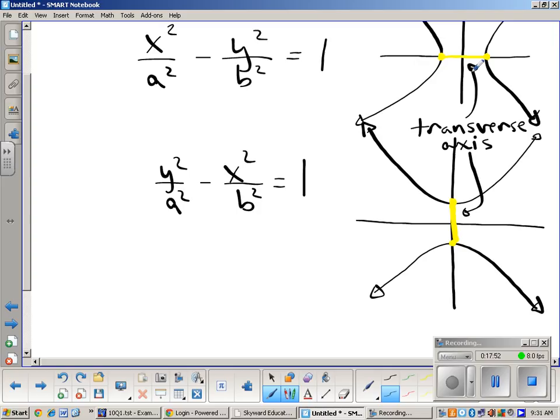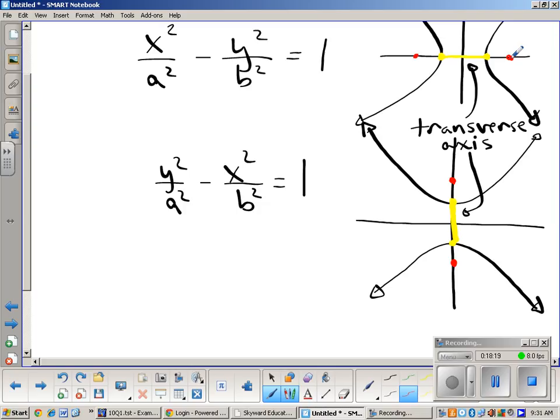Hyperbolas have two focus points, just like parabolas and ellipses did. Like an ellipse and like a parabola, I think of the focus as being wrapped around by the graph.